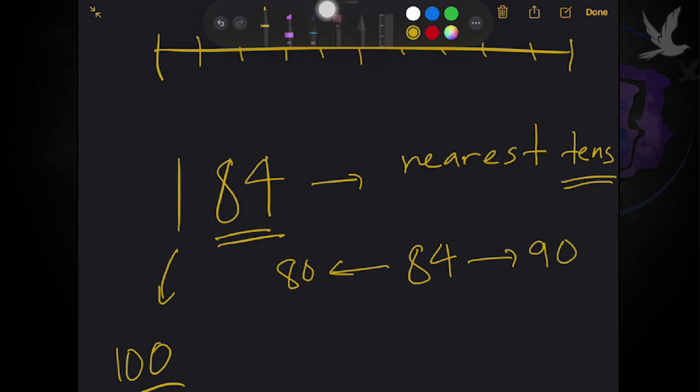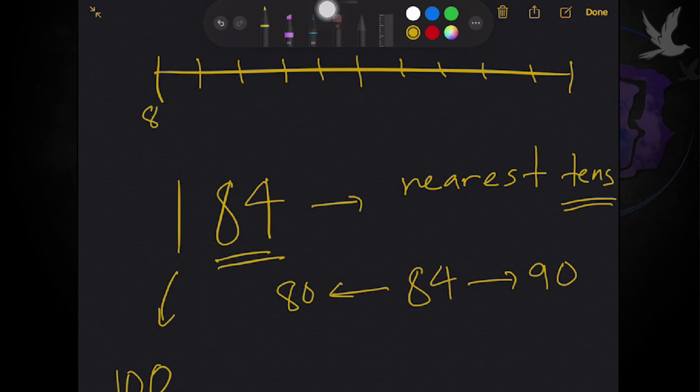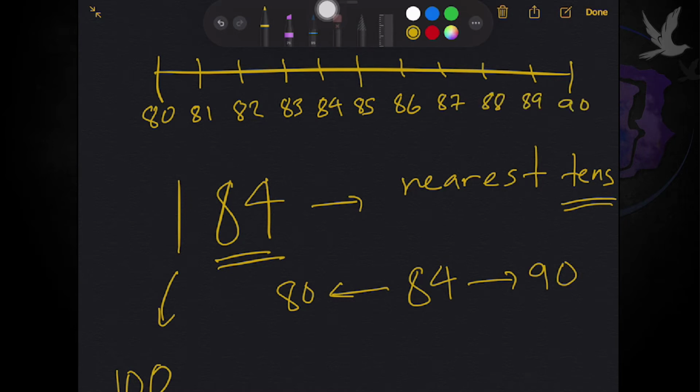Correct? So if you're going to plot down the numbers, we have 80, 81, 82, 83, 84, 85, 86, 87, 88, 89, 90. So all you have to do now is to identify 84 and check which is nearer, 80 or 90.